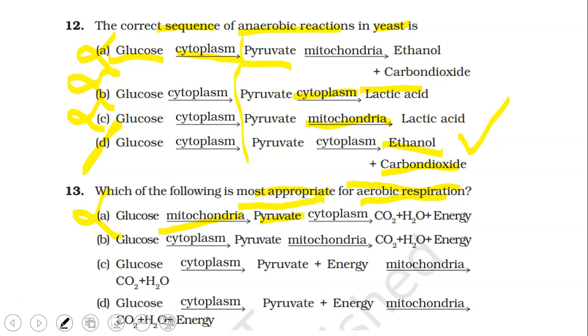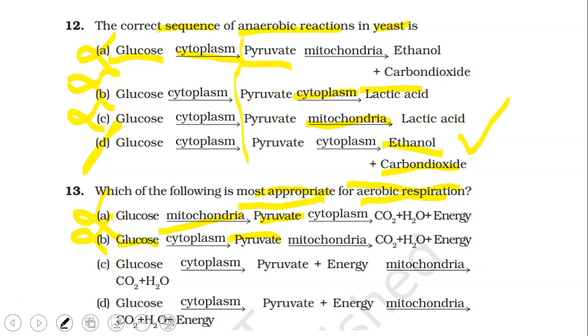Option B, glucose breaks down in the cytoplasm to pyruvate and in the mitochondria into CO2 plus H2O plus energy. This is again false, because even glycolysis, the breaking down of glucose into pyruvate, requires some energy, so it's actually pyruvate plus energy, not only pyruvate.